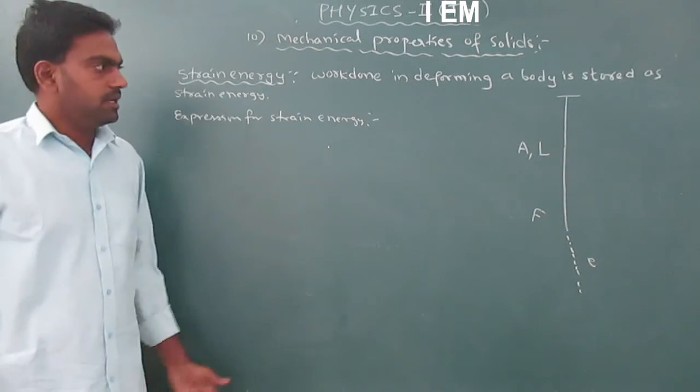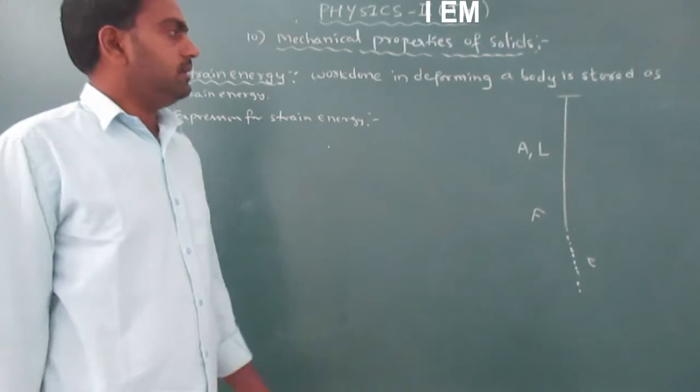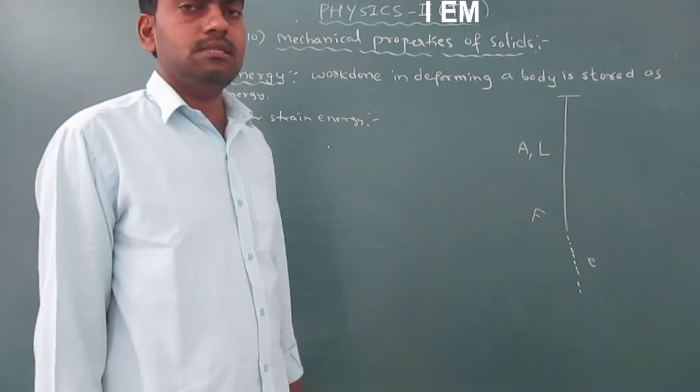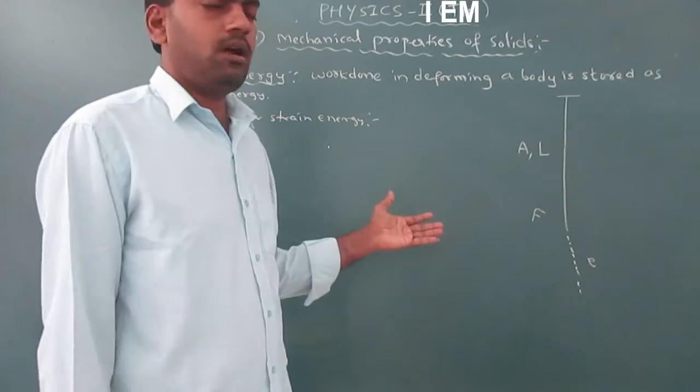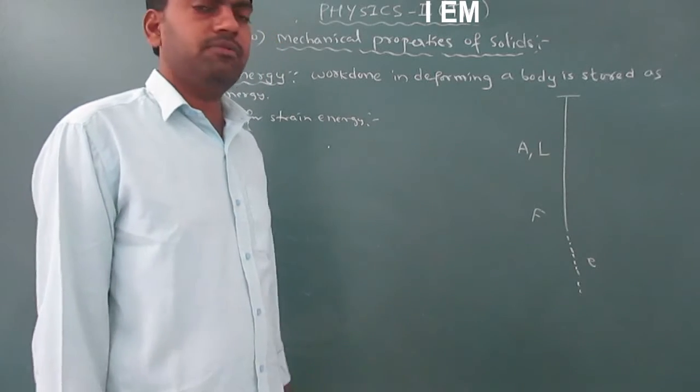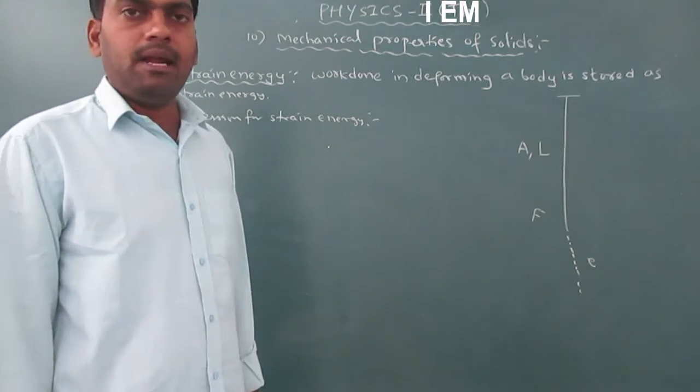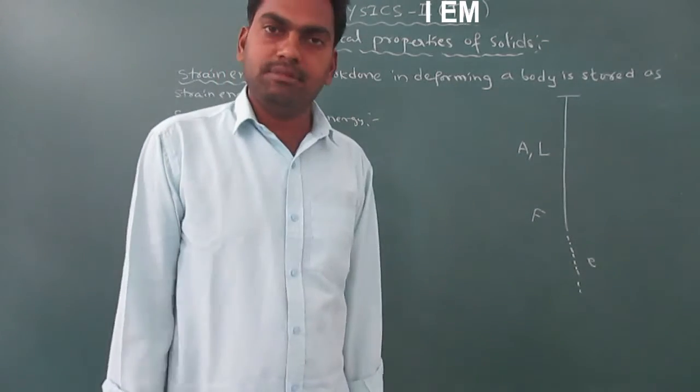So now we have considered the wire, of length L and area of cross section A, and a force F is applied at the free end of the wire.